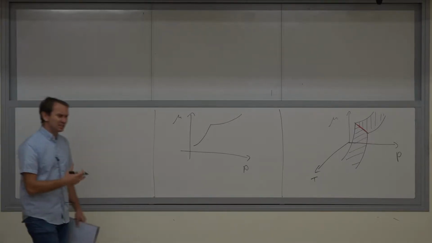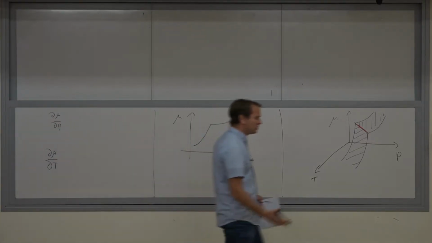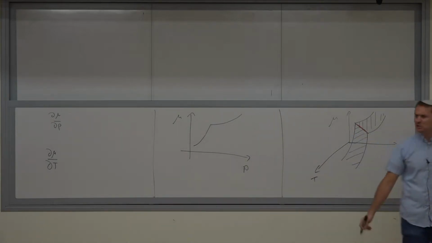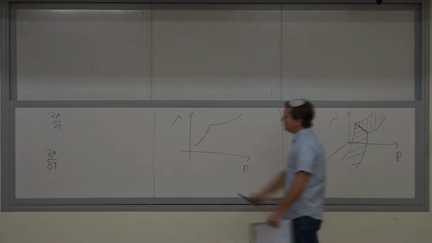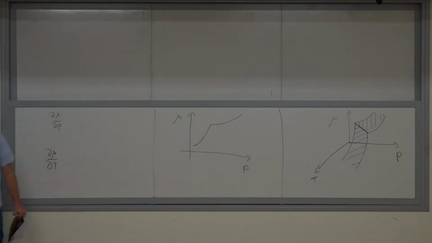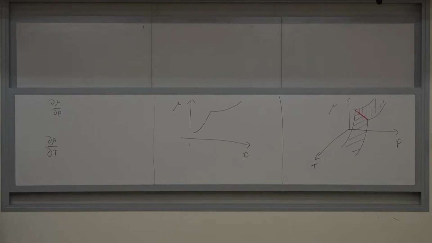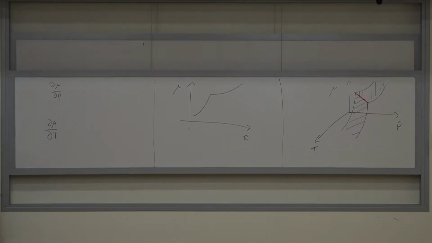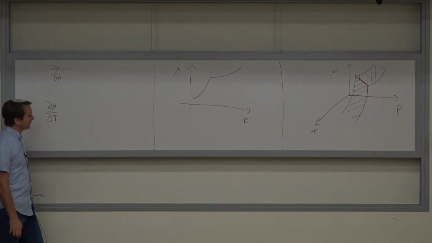Why is this interesting? So what actually jumps? I have some sort of a discontinuity in the derivatives. So let's see why, from the physical perspective, it might be interesting.